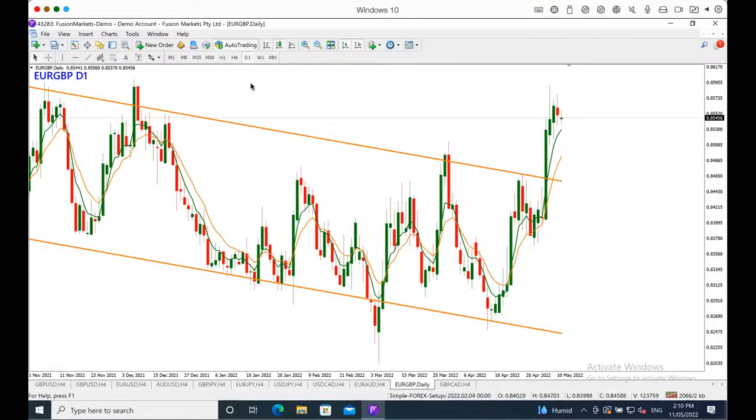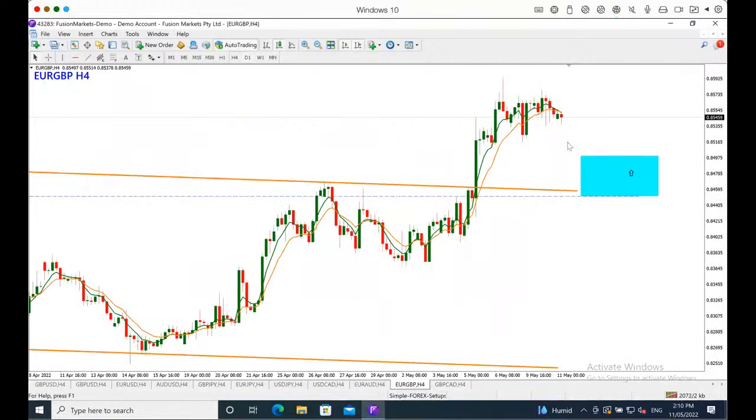So now looking on the 4-hourly at any pullback down to the top of the channel, and then looking for opportunities there to go long. That also correlates with the previous highs as well. So let's see what we can get there, and if there is any price action at around that level, and we can look for long opportunities.